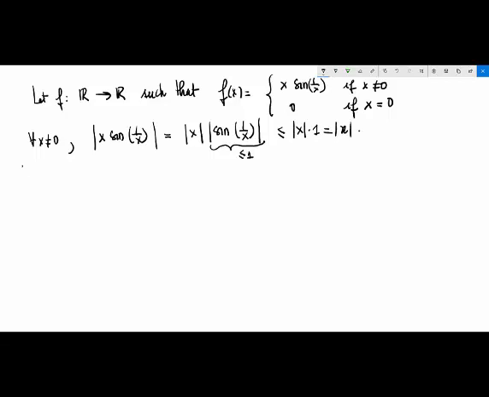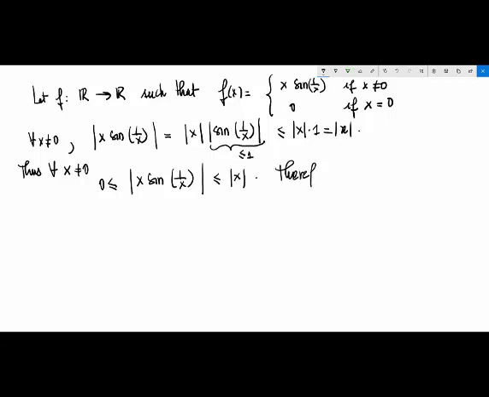So for any x which is not 0, we know that 0 is less or equal to the absolute value of x sine of 1 over x, which is less or equal to the absolute value of x.